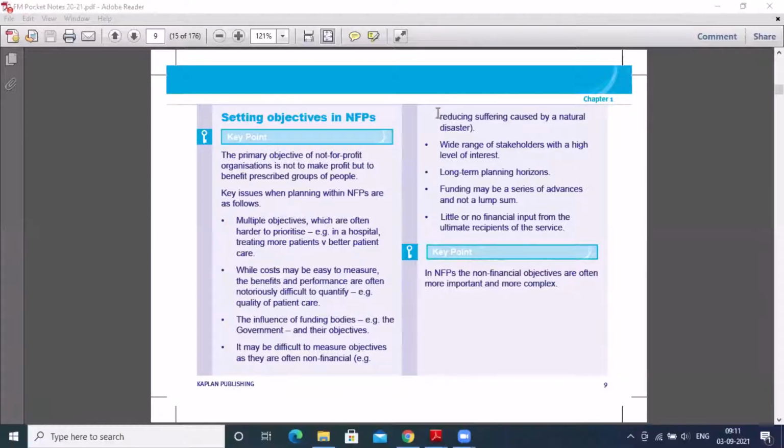Then long-term planning horizons. Here, as a charitable organization, what is their vision and mission? And funding may be a series of advances and not a lump sum. In most cases, it is very difficult to get a lump sum amount for charitable institutes. Most of the subscribers prefer to donate in a series of payments.